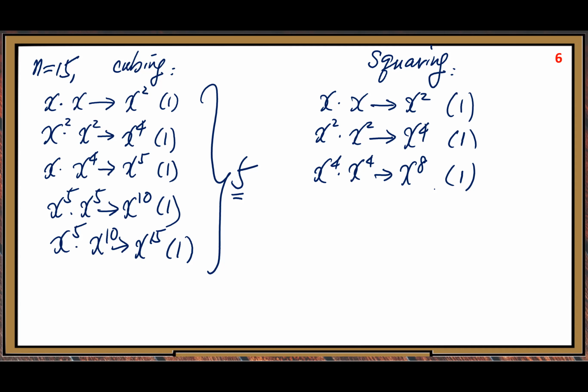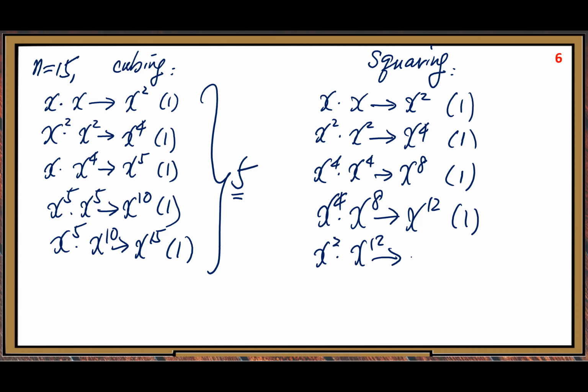So here, how should we reach 15? One way: x to the 4th times x to the 8th, we get x to the 12th. Then x squared times x to the 12th, x to the 14th.